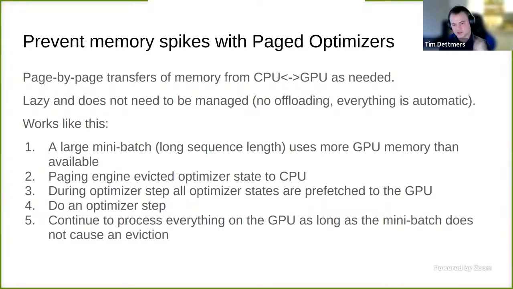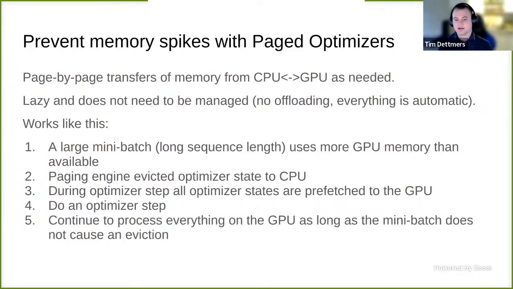So it has 3 major components. The first one is a little bit elusive because you don't recognize it so much. It works in a hidden way in the background. This is a paging system between the CPU and GPU for optimizer states to prevent memory spikes. The main problem is if you start a fine-tuning run, you don't necessarily know if it will complete or end with an out-of-memory error.